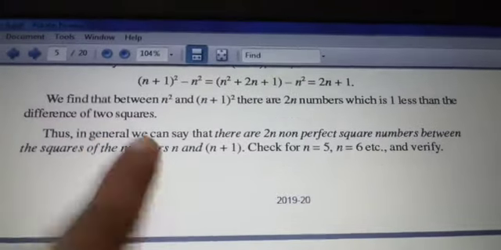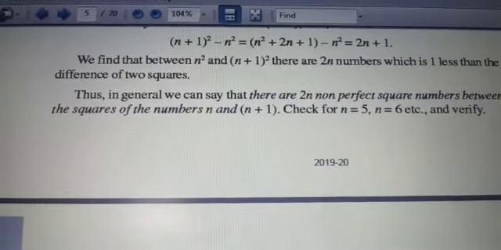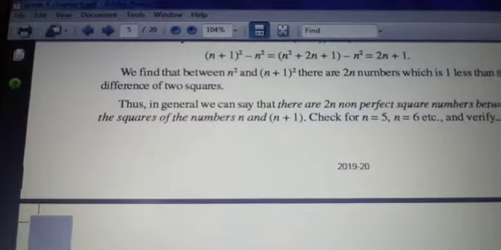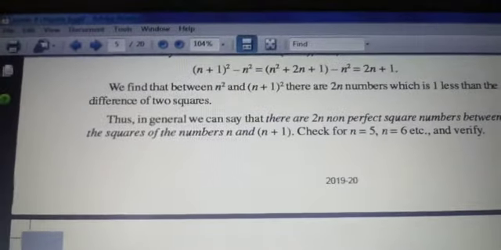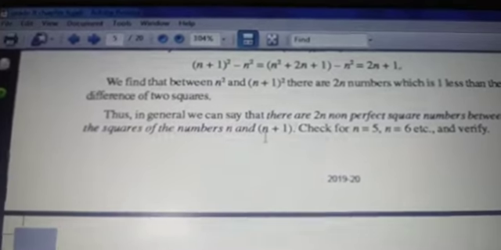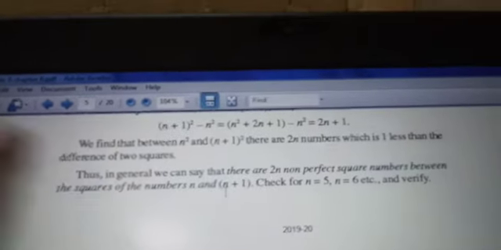So after this, we can underline this. In general, we have given 2n as what? It's a general term, because we are using the multiple of 2. If you are using multiples of 3, you can write 3n. Since we are using multiples of 2 like 2, 4, 6, 8, we are using 2n as non-perfect square numbers.